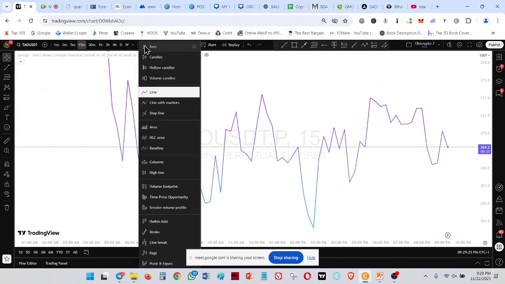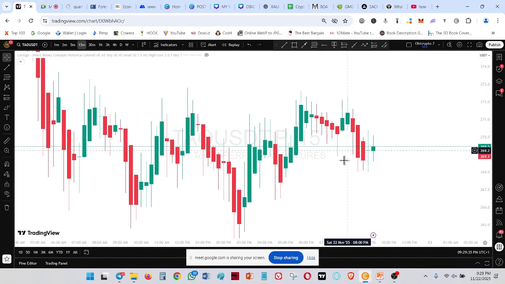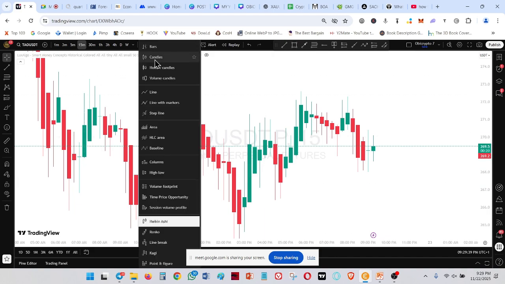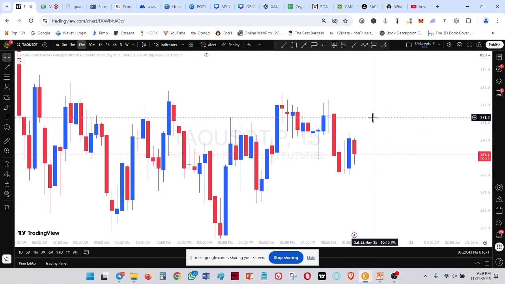So apart from line chart, you also have this one, and this one, and so many. I went on to explain what I call the Heikin Ashi candle. As you can see, the Heikin Ashi candle is different from the normal candle. Let me change it to the normal candle. This is the normal candle that you know, right? If all of you pay attention here, look at this now.